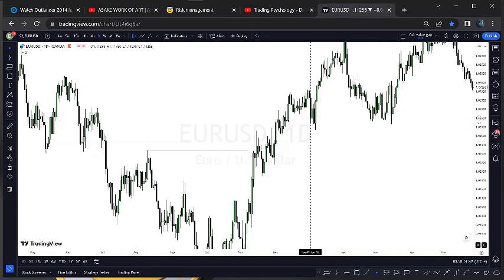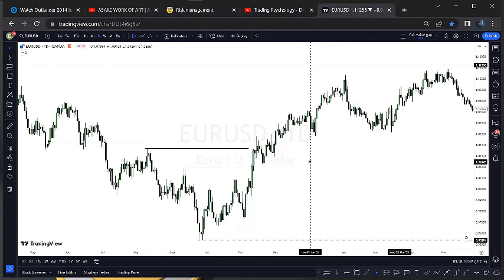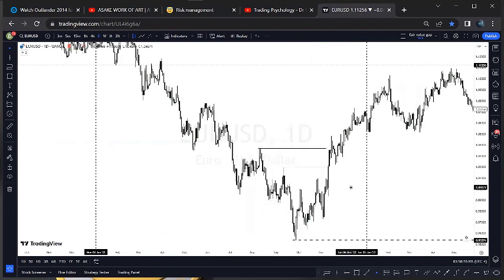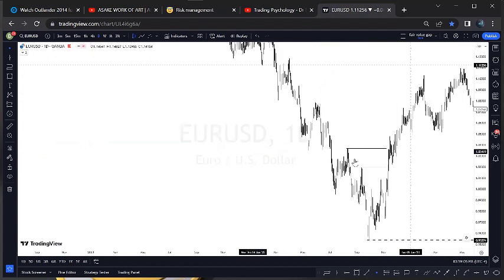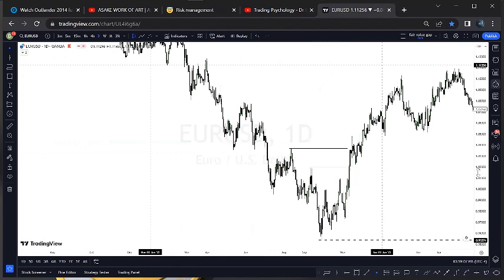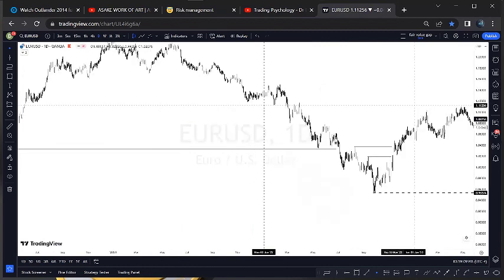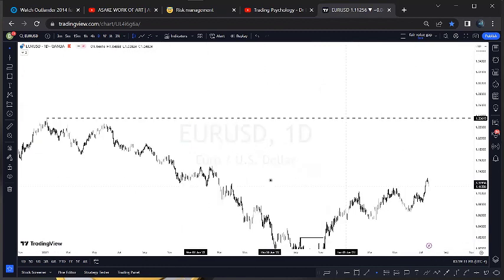Now, you should understand something. Before any market will move, it must take liquidity. It must grab liquidity before any market will move. You should understand that this market is being manipulated. It is manipulated, but it is not manipulated randomly.